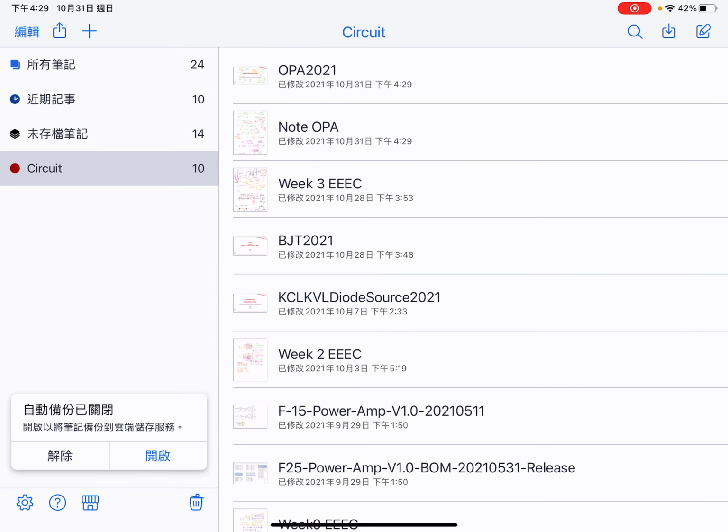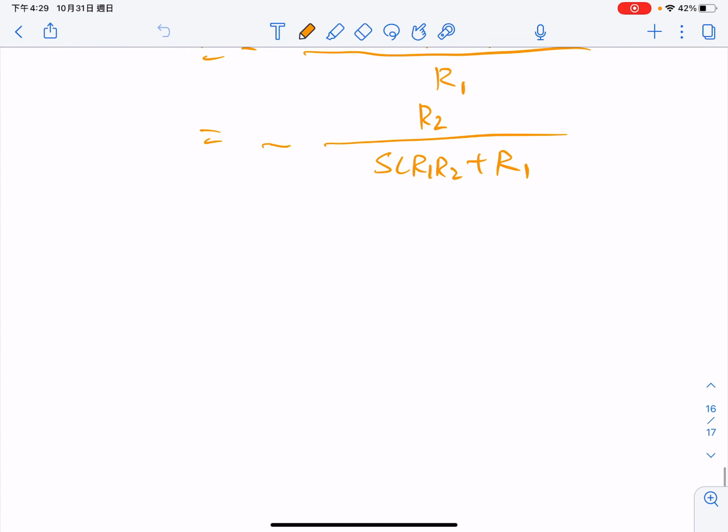Okay, so I can have minus here, and I have R1. I have the S divided by 1 divided by... I try to factor this one out here.